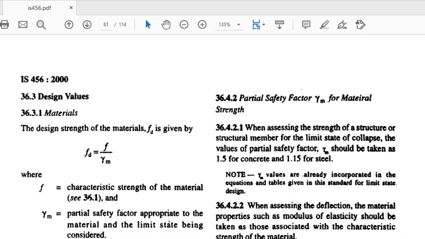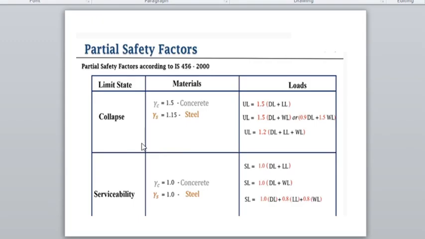That is the thing which we explained in the slide. Take the slide, look at here. The partial safety factor of a material is 1.5 for concrete and 1.15 for steel. That is gamma m, which is shown here.